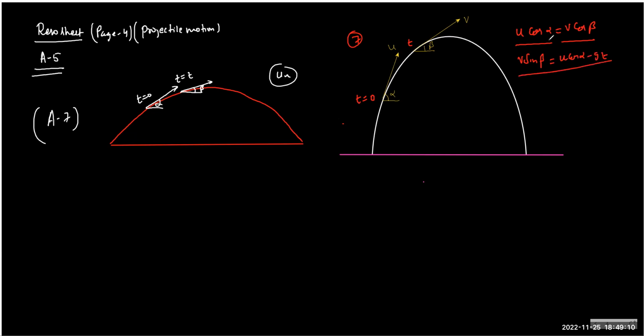These are the two scratch equations. Can you solve these two equations? Not very difficult. Just need to eliminate v because we don't need v. Get the answer in terms of u. And once you get u, your answer is u cos alpha. Done. Fine, sir.